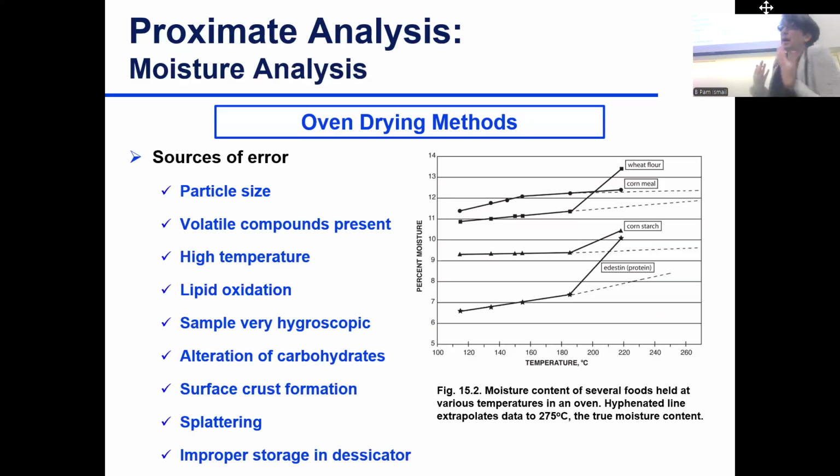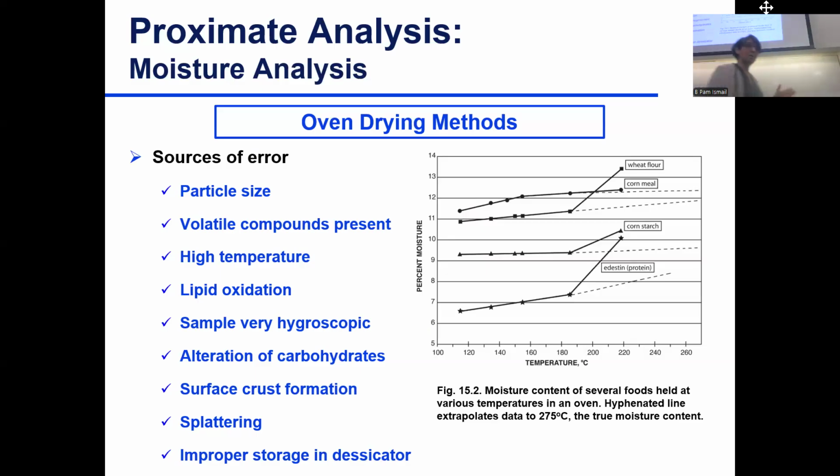Some errors cannot be avoided if you have volatiles. They're going to contribute to inaccuracy. We talked about high temperatures, burning issues, lipid oxidation, hygroscopic samples like high lactose, for example, carbohydrate alteration by Maillard reaction or even burning, crust formation, splattering of liquid sample, improper storage that might cause dehydration or hydration.